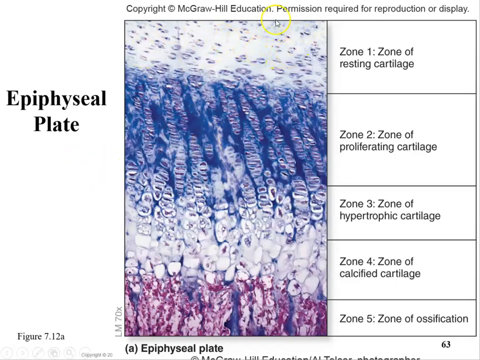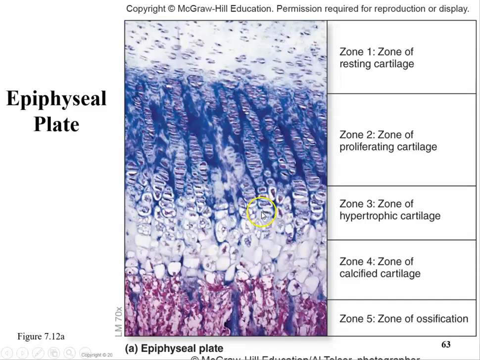So here's the resting cartilage. Looks like normal hyaline cartilage. Next, you have the zone of proliferating cartilage, and you can see these chondrocytes are undergoing rapid mitotic division. They're just dividing one after another, creating these long columns that look like stacked coins. Next, you have the zone of hypertrophic cartilage.